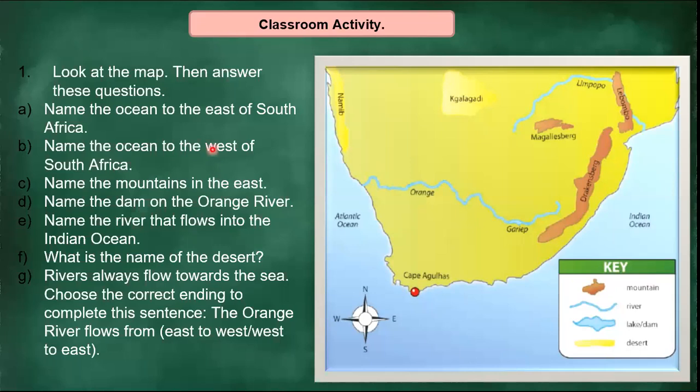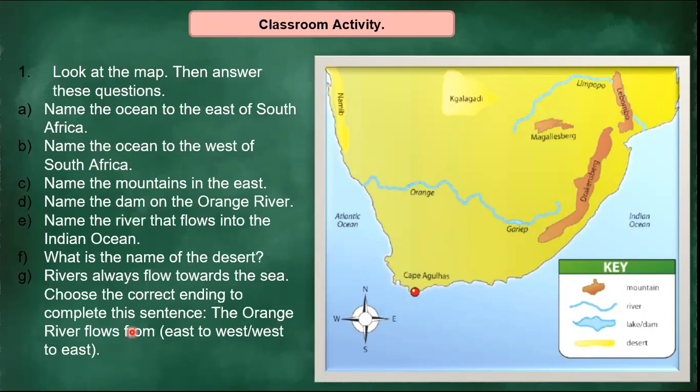Okay, number G. The question is here. Rivers always flow towards the sea. Choose the correct ending to complete the sentence. The Orange River flows, look at the Orange River, from east to west or from west to east.